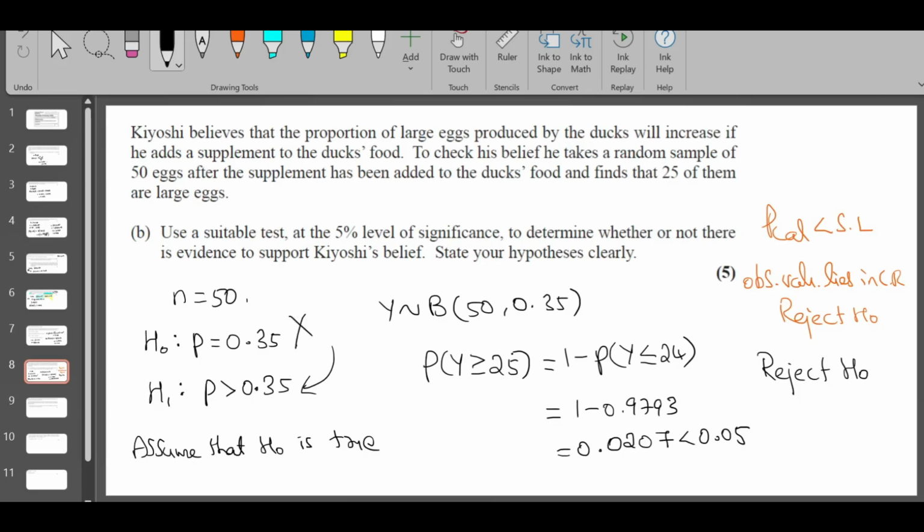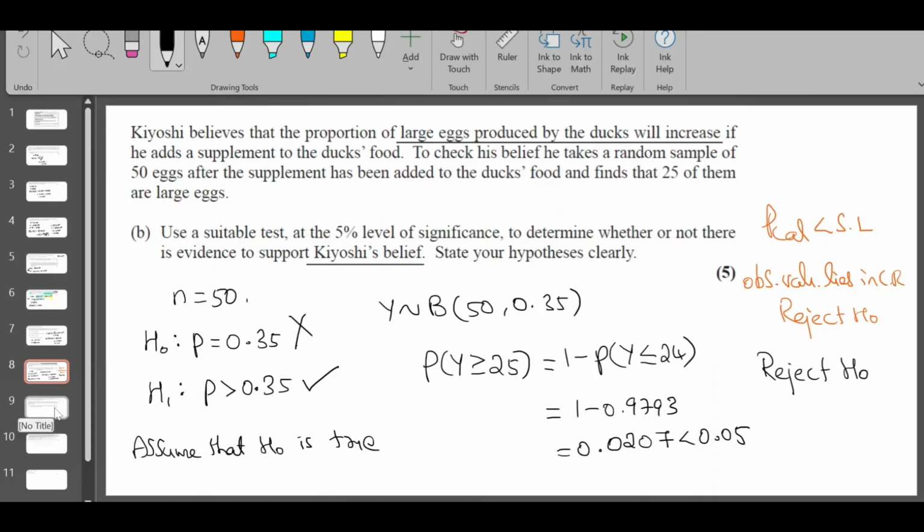That means we are going to accept this. You need to write this line: there is sufficient evidence to support his or her belief that the proportion of large eggs produced by ducks will increase. Otherwise you will lose a mark.